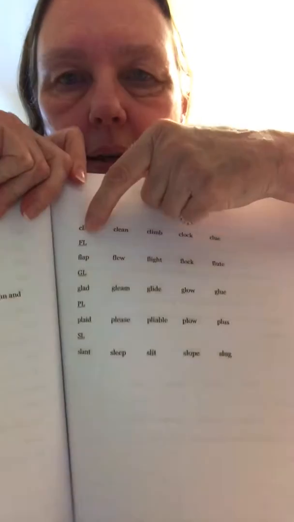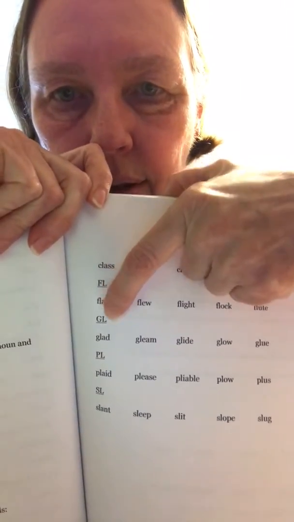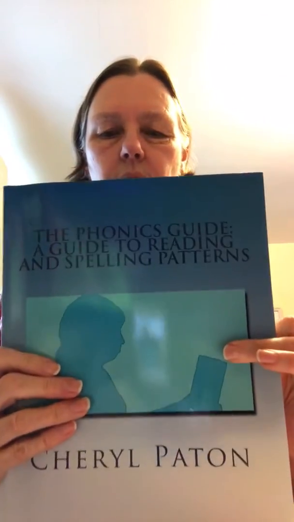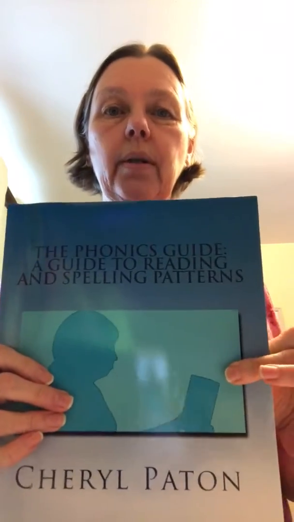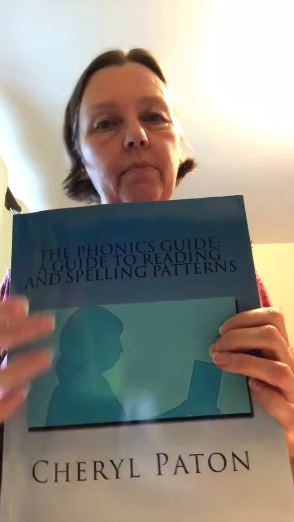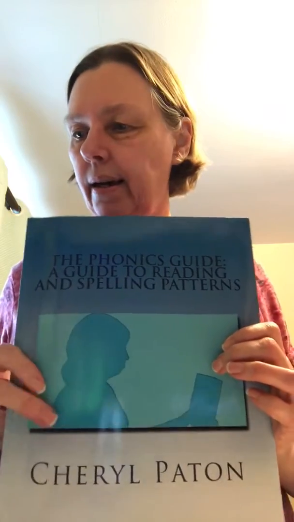And then we have FL, GL, PL, and SL. So there is a variety of ways to look up information in the book. It is all alphabetical, but you can find some of the same information in different places, which can also help reinforce the information.